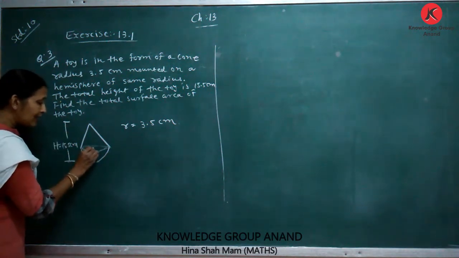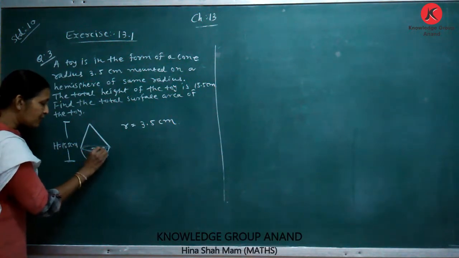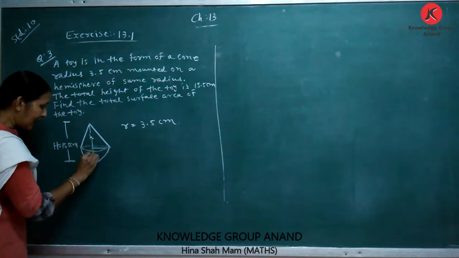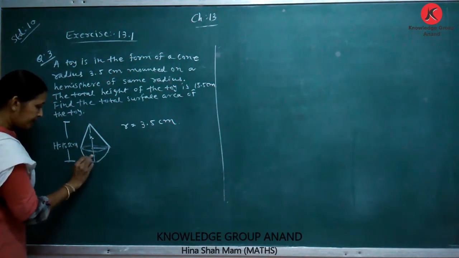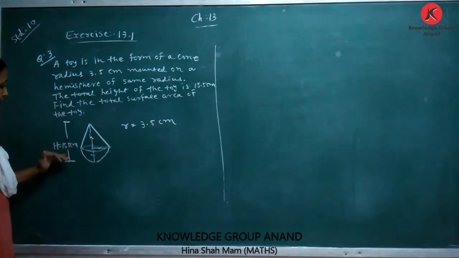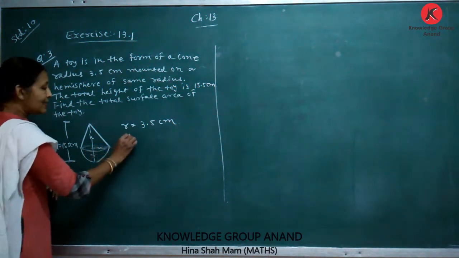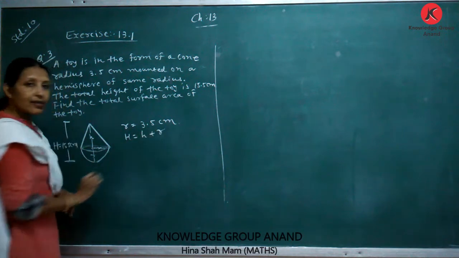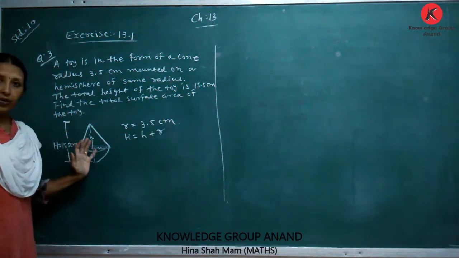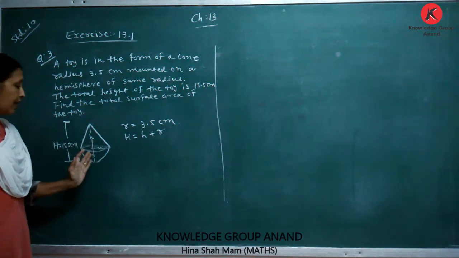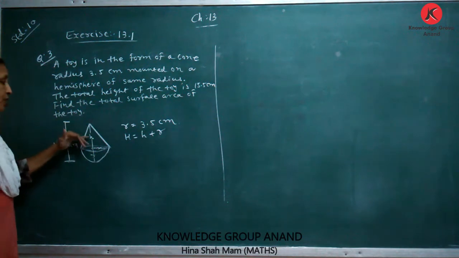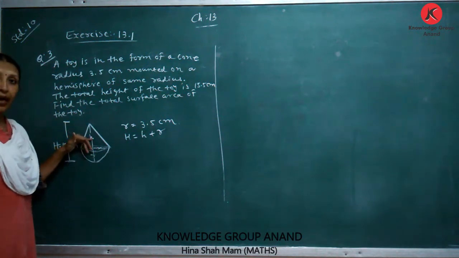Here both radii are equal to R. Therefore, we say that capital H is equal to small h plus R. Total height is equal to height of cone plus radius of hemisphere. Why do we want the height?